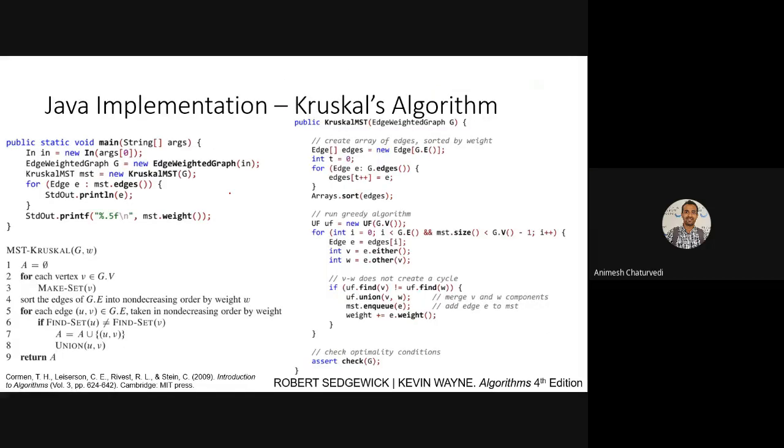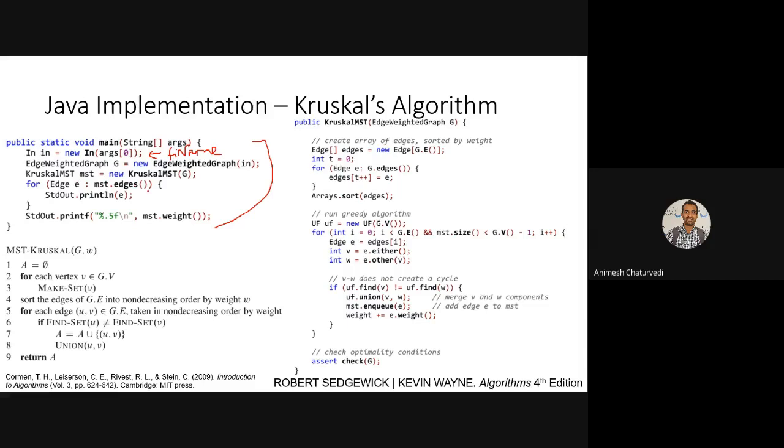Then we'll see Kruskal's algorithm. This is the important part that we were interested in discussing. In the main, this was the first thing that was called in the class. You just pass a file name in the arguments.